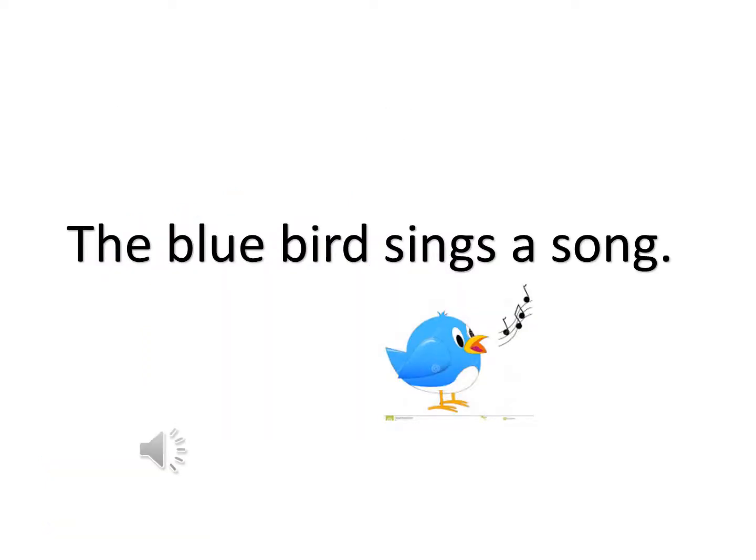Let's make that sentence a little bigger and see if you can still identify the subject and the predicate. Now the sentence says, the bluebird sings a song. What is the subject and what is the predicate?